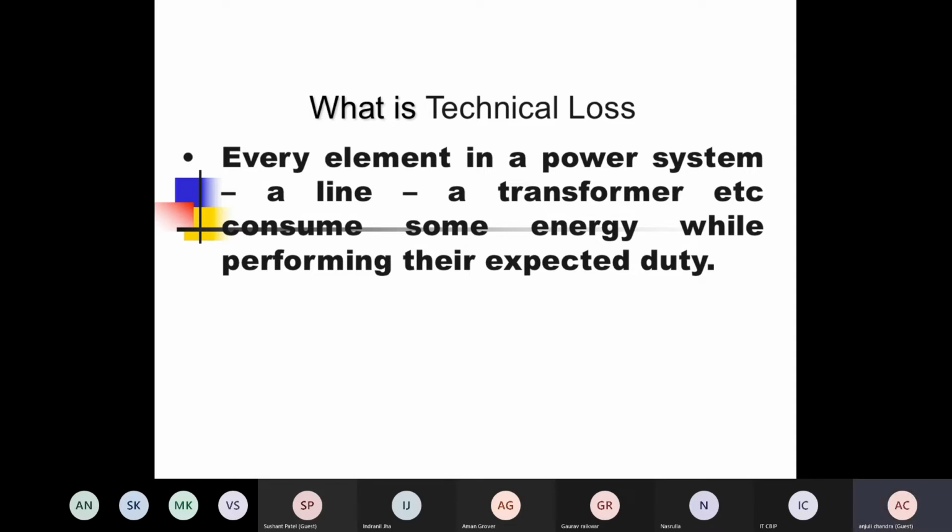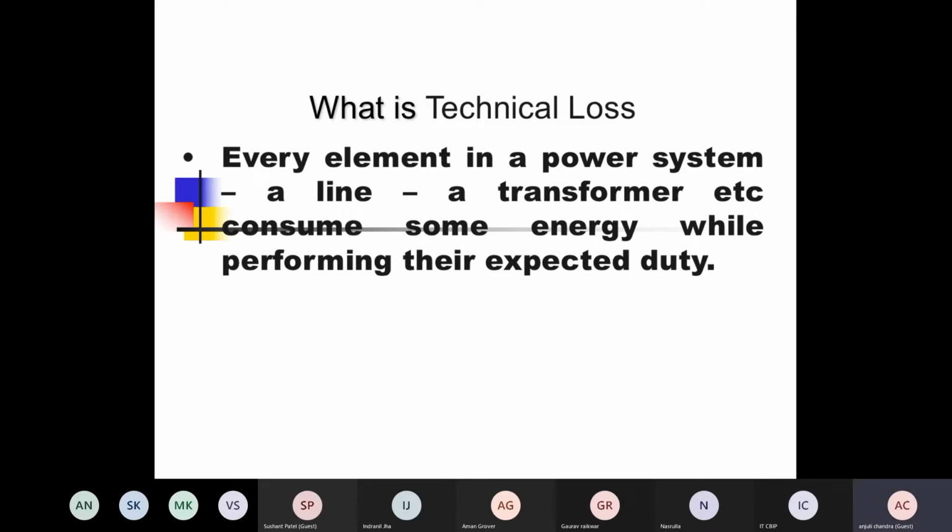What is the duty of a transformer? To transform the voltage, say from 11 kV to 0.4 kV. While doing so, it consumes some energy, which is a loss in terms of units, and it comes under technical loss.